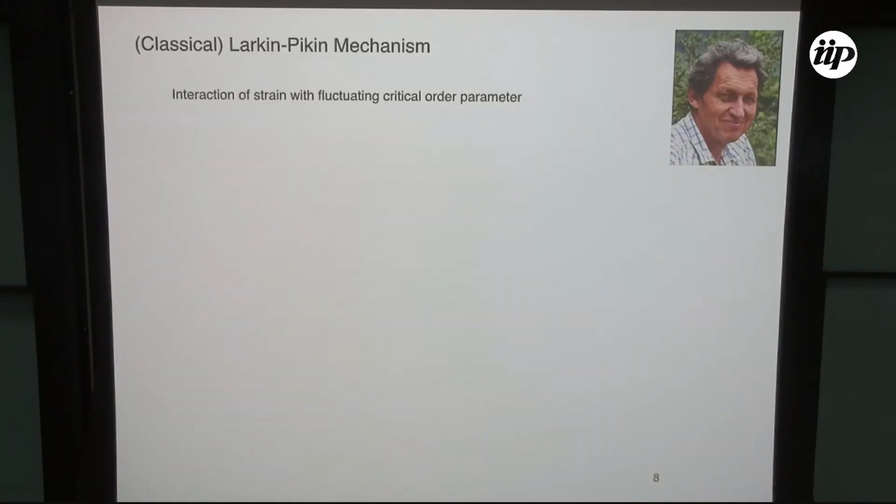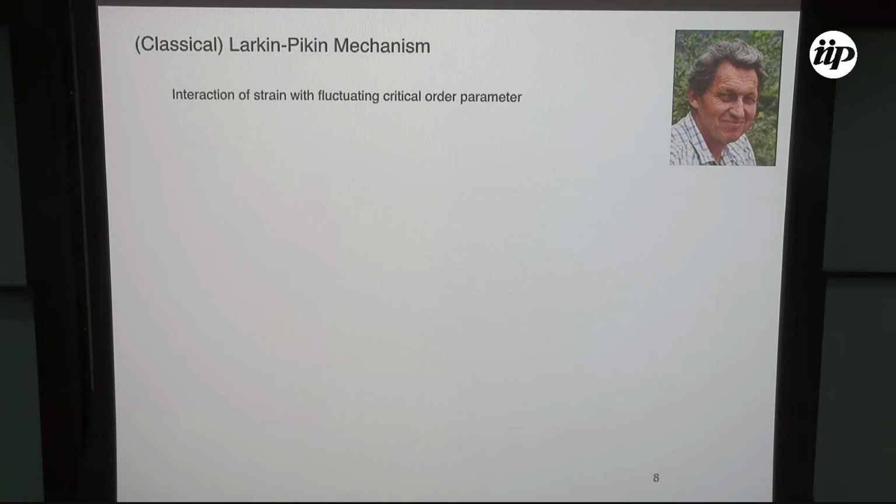All right. So what we decided to do was, we knew about the Larkin-Pikin phenomena. This was actually developed for magnetism, but we decided that we would look at it both for magnetism and for compressible systems, both magnetic and ferroelectric. What happens in the Larkin-Pikin phenomena is we have an interaction of a strain with a fluctuating order parameter.